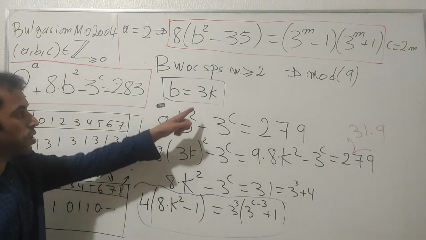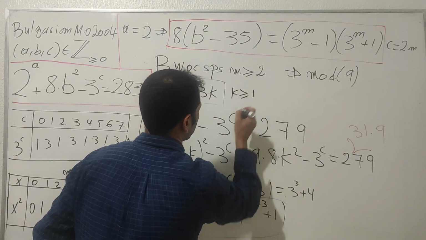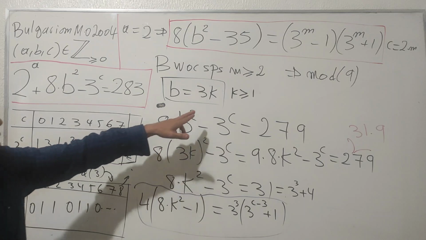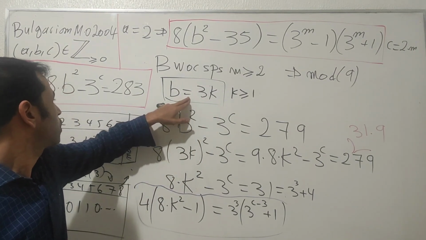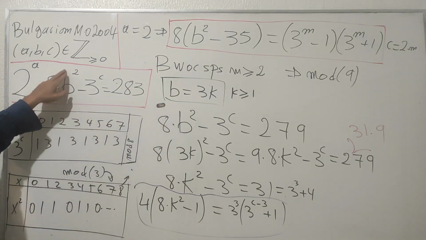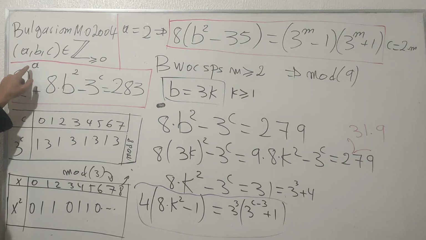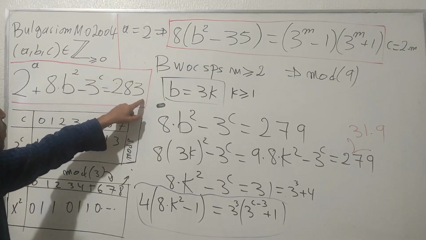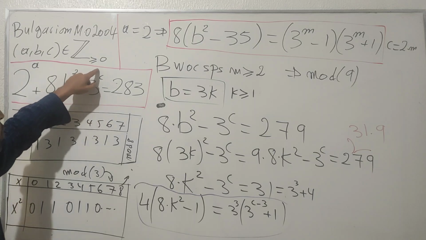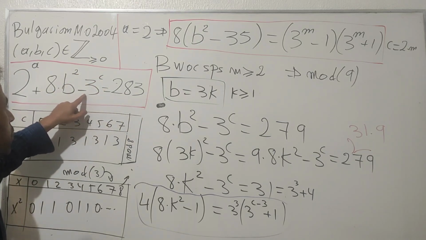Now we are going to consider the condition of k. k must be greater than or equal to number 1, because if we replace k with number 0, I get b equals 0. If b equals 0, this one will be 0, and while this one was 4, by moving number 4 to the right it becomes 279. So I get minus 3 to the c equals 279. It's clearly impossible because we got a minus sign here.